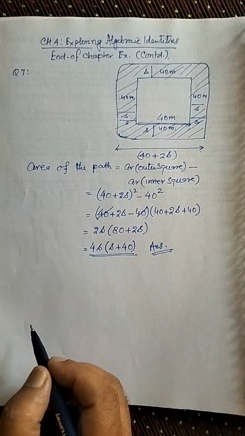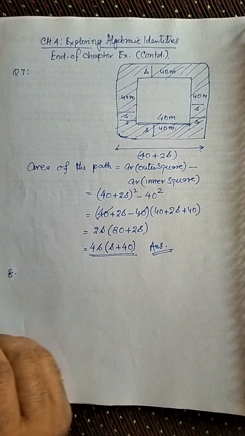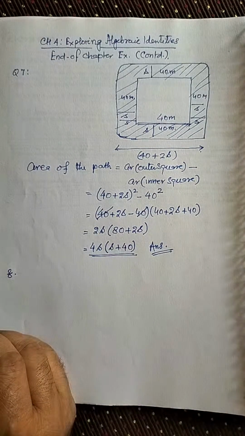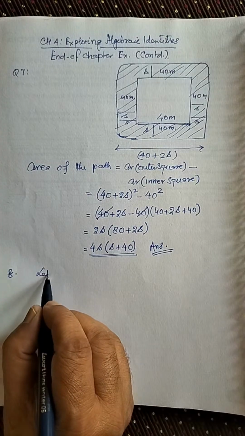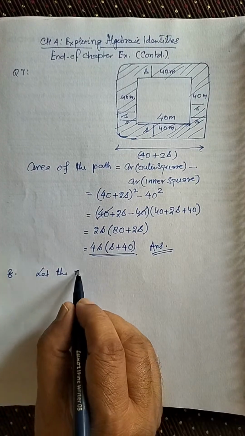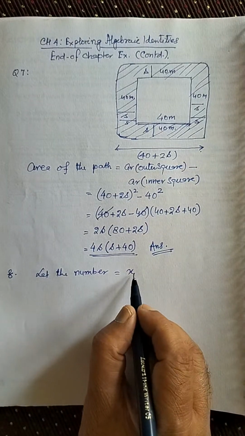Hope you liked it. Let's come to the next question, 8. It says, if a number plus its reciprocal is 10 by 3. Let the number be x.